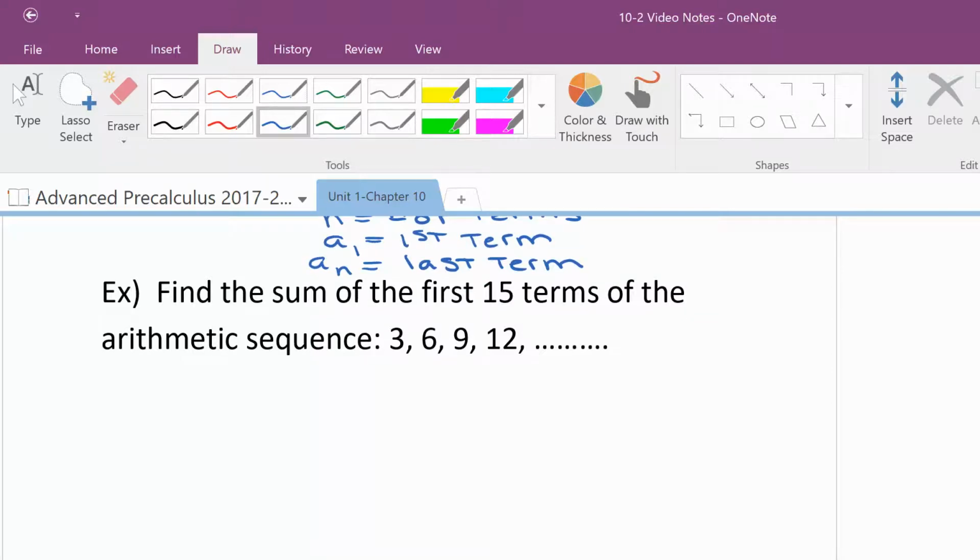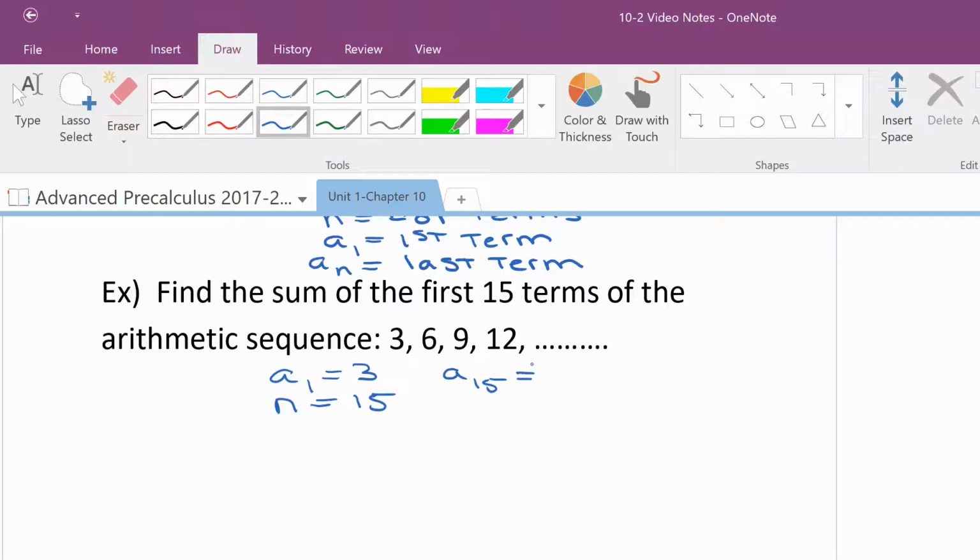We're going to find the sum of the first 15 terms of the arithmetic sequence. We're given the first term is 3, and that there are 15 terms in the sequence. The only thing we don't know is the 15th term.